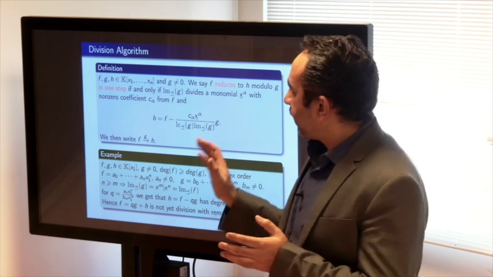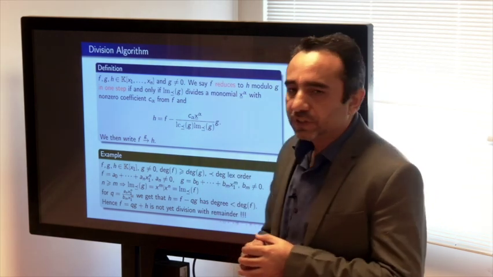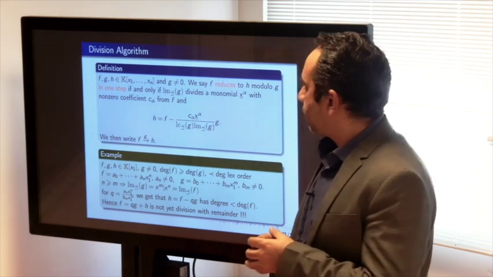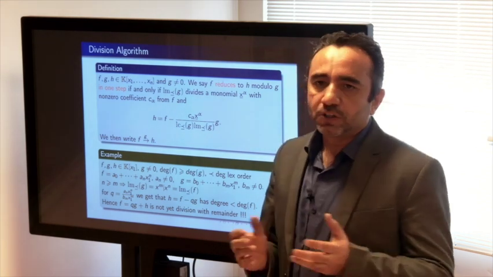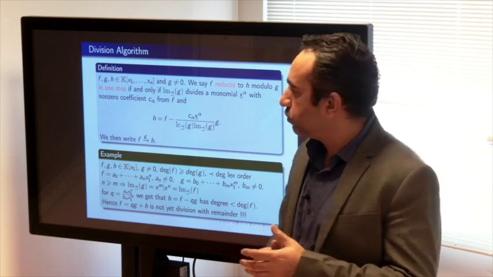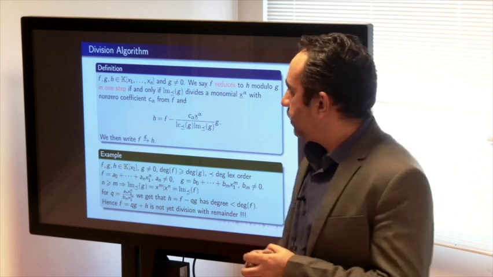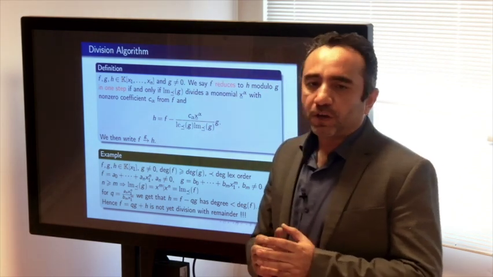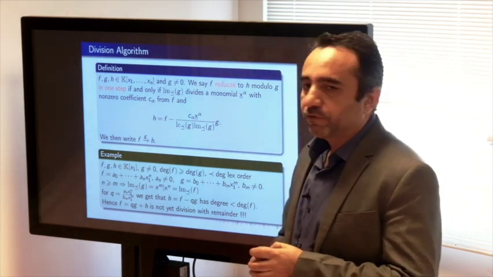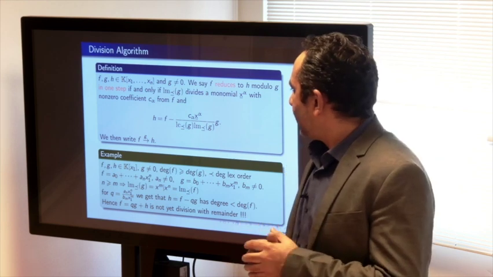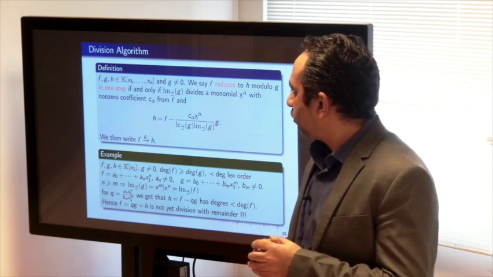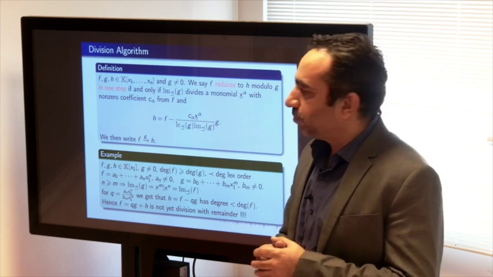So let's define it like this: we have f, g and h, three polynomials such that g is non-zero, because we are going to use g. We say that f reduces to h mod g in one step if and only if the leading monomial of g divides a monomial x^alpha with non-zero coefficient c_alpha from f, and then h is f minus this term.